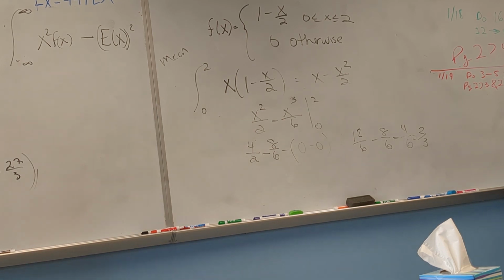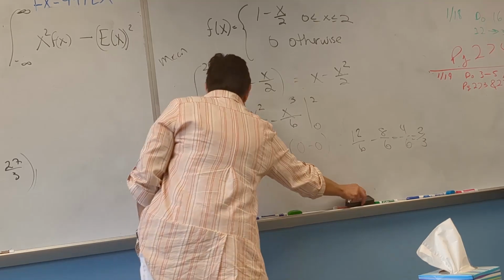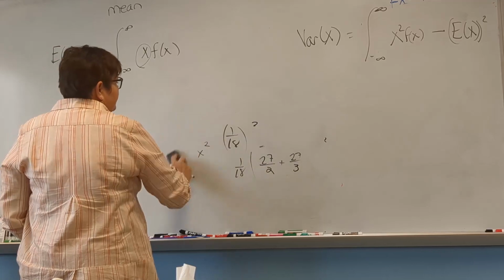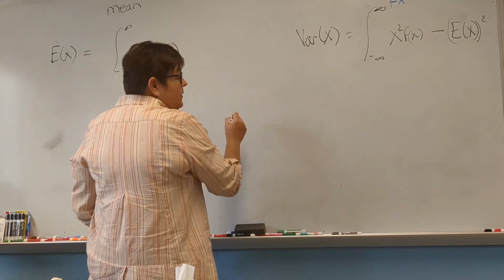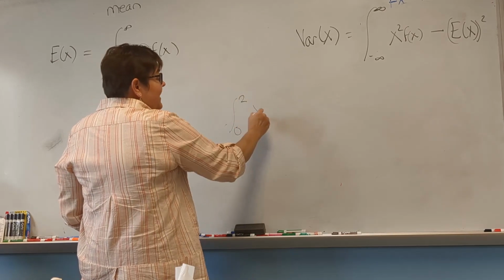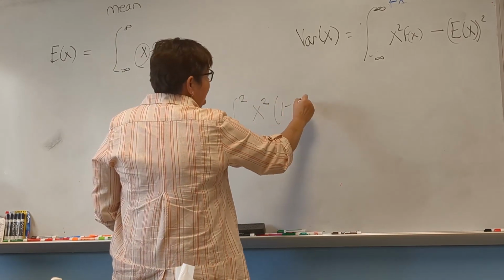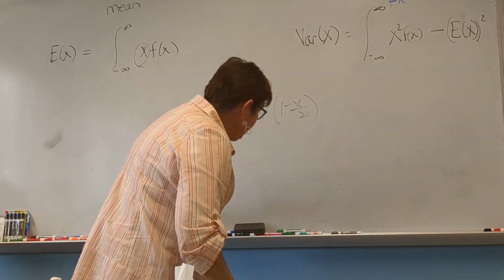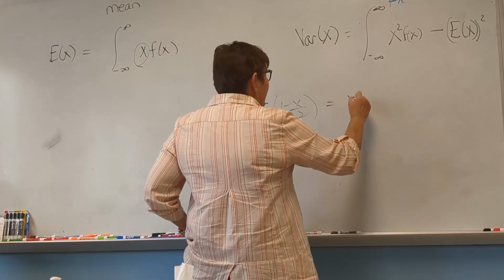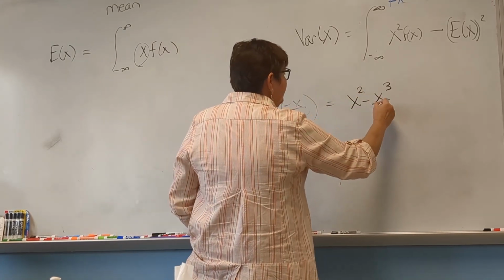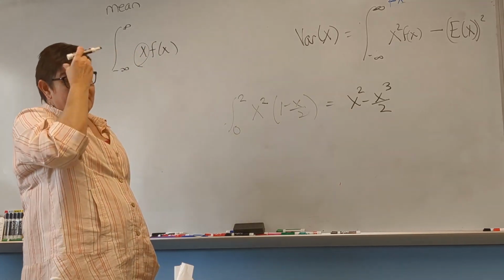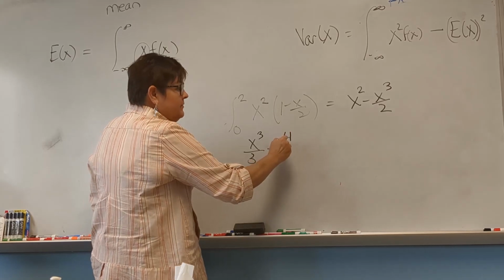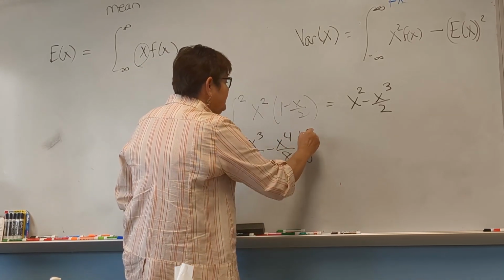Okay, so then the second part is to find the standard deviation. So we're going to do from 0 to 2 of x squared times 1 minus x over 2. So this is going to be x squared minus x to the third over 2. And now I'm going to integrate it. It'd be x to the third over 3 minus x to the fourth over 8 from 0 to 2.